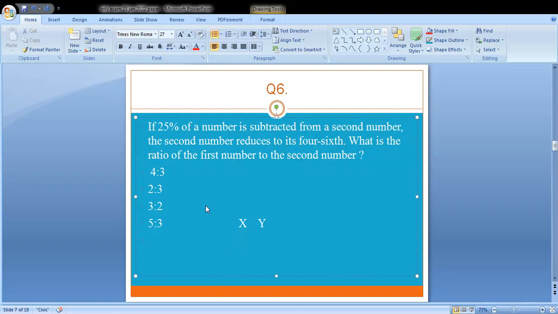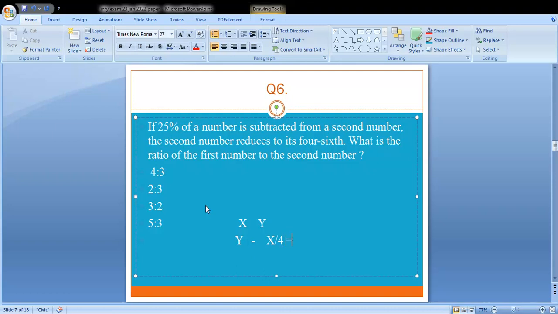So y minus 25% of a number, that is x by 4, that is 1 by 4 x.